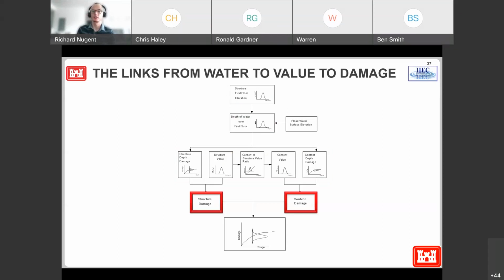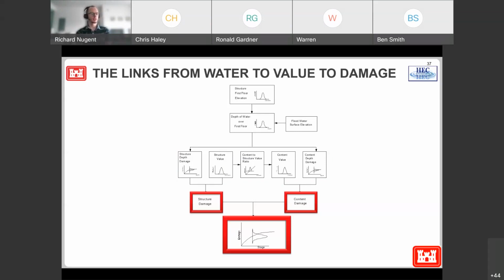Summing the two distributions, we get the stage damage relationship, as shown in the image at the bottom of this slide. So this is the stage damage relationship overlaid with the distribution of damages for the stage represented by that horizontal line, right? So you see the stage damage curve, that's the thin curved black line, and then you see a distribution.